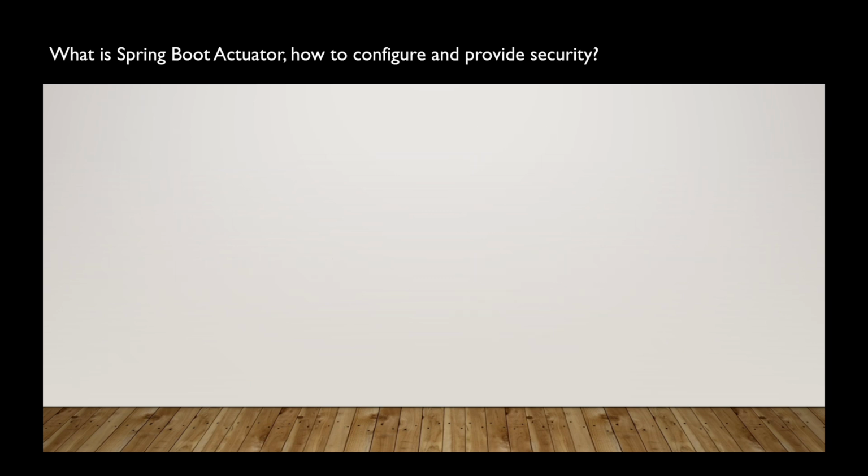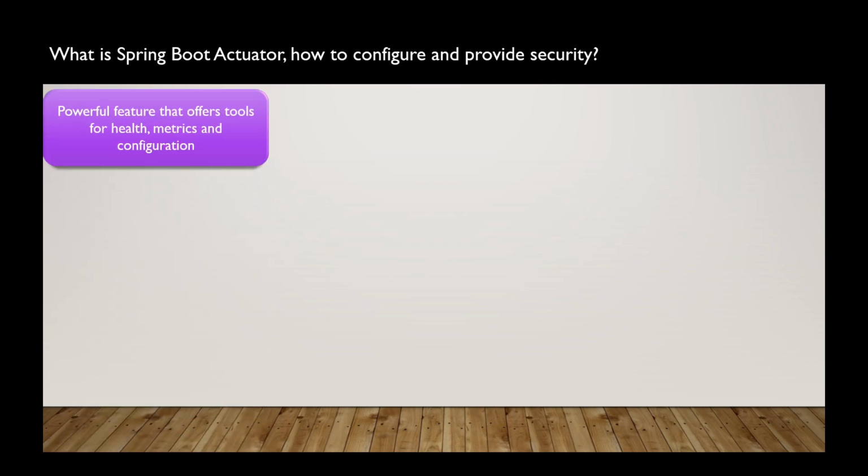And this is one of the important questions from Spring Boot. What is Spring Boot Actuator and how do you configure it, and how would you provide the security, because it is a management endpoint, so we need security for actuators. Here basically Spring Boot Actuator is a powerful feature where it provides the health, metrics and configurations of our application.